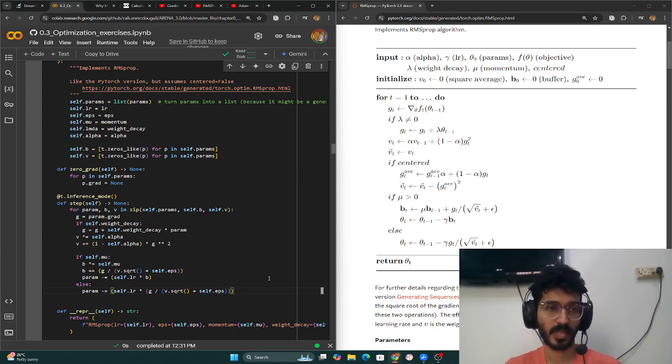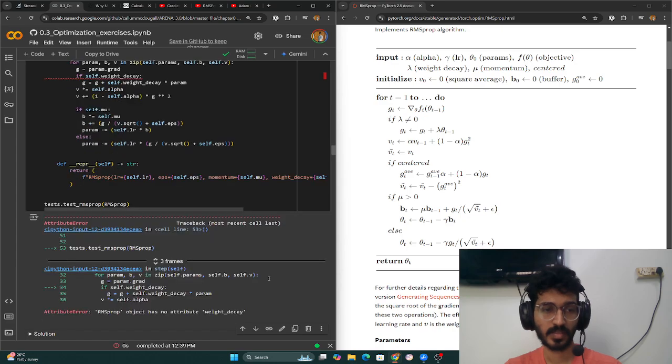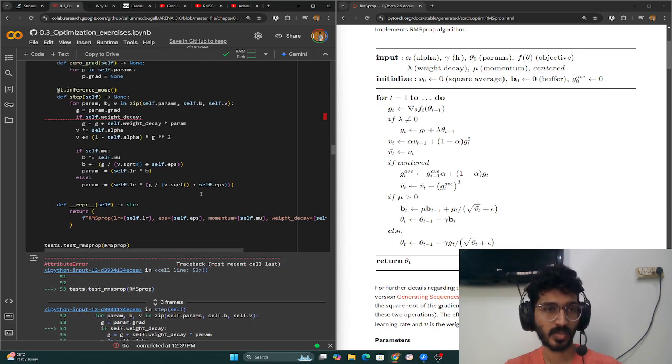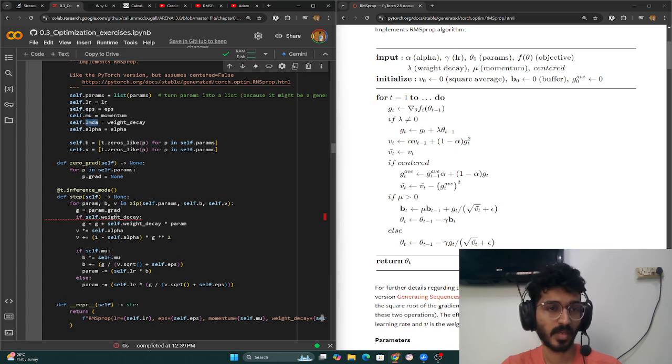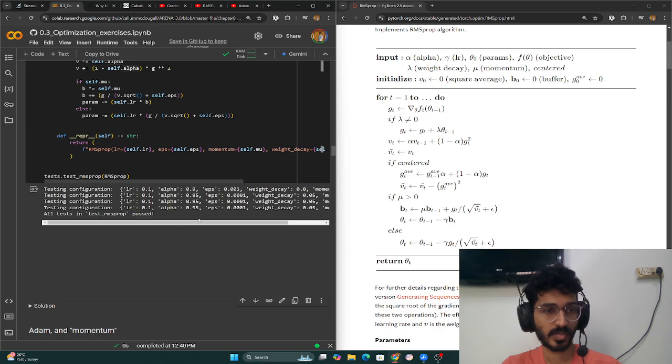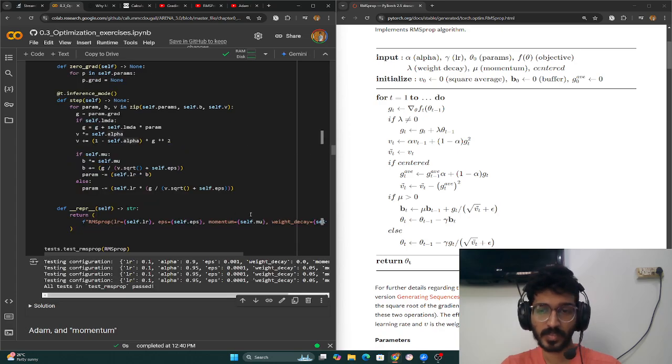Think this is it. I don't have 20k. What's it called? Lambda. Okay.